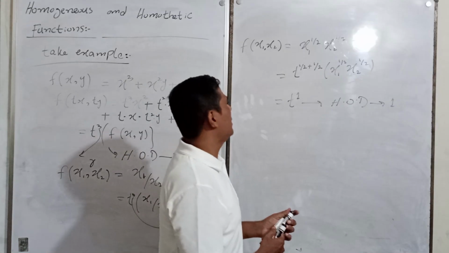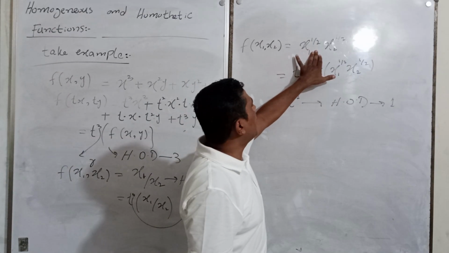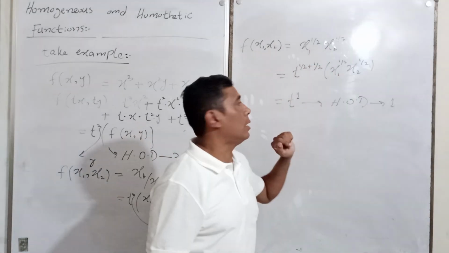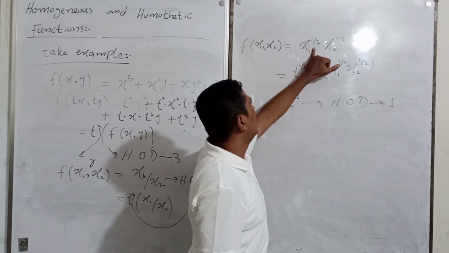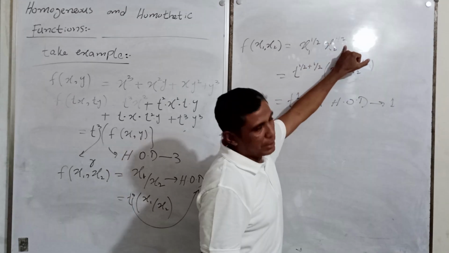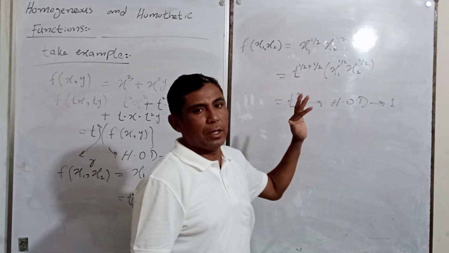In the case of the utility function, the sum of your powers must be equal to 1. For example, if it is 0.3, the other will be 0.7 and vice versa. It cannot be more than 1.